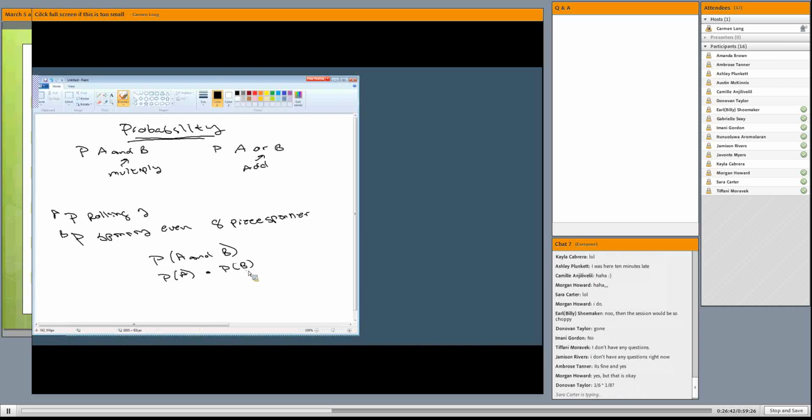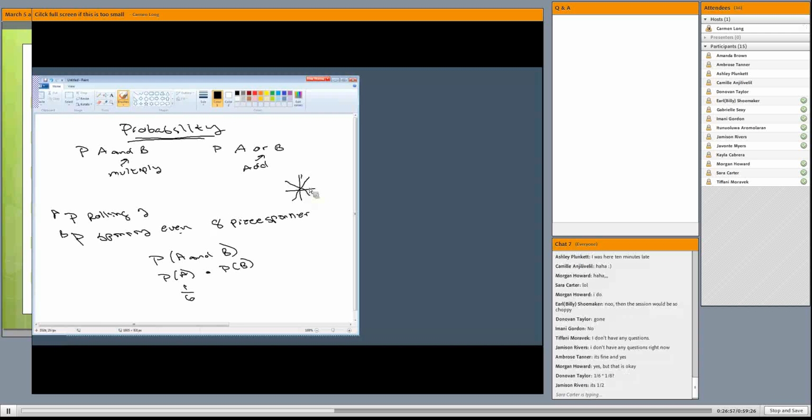So the probability of rolling a 2 is 1/6 because there are 6 sides on a die. And the probability of spinning an even number on an 8-piece spinner, let's assume the spinner looked like 1, 2, 3, 4, 5, 6, 7, 8. There are 4 evens, 4 odds, so it's a half.